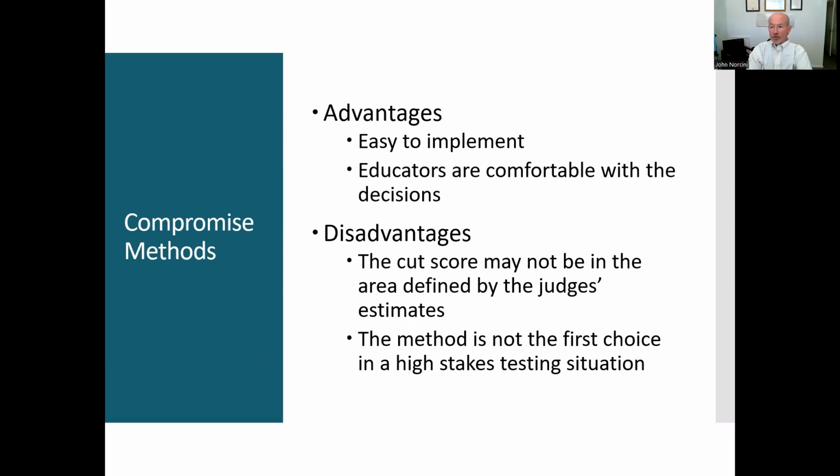And if the results appeared to be totally unrealistic, we used the compromise method as a fallback. So in high stakes situations, this isn't ideal, but in a local institution, a local medical school, this is not an unreasonable way to approach things because it's relatively efficient, people can make judgments quickly, and it tends to be relatively credible. There's some literature about it. Okay. Any questions about these before I move on?